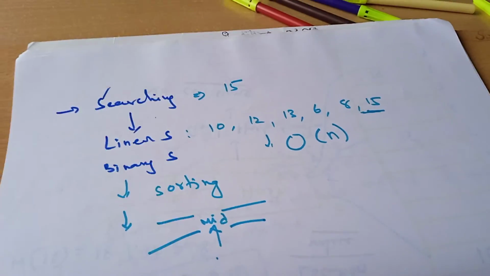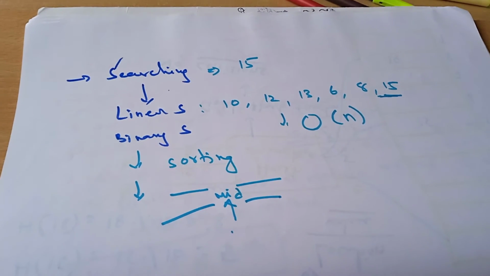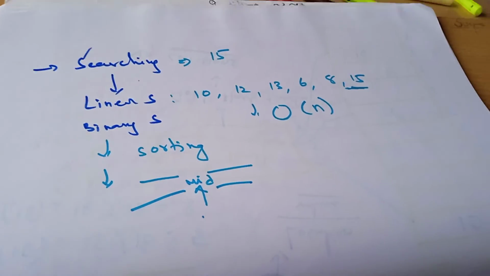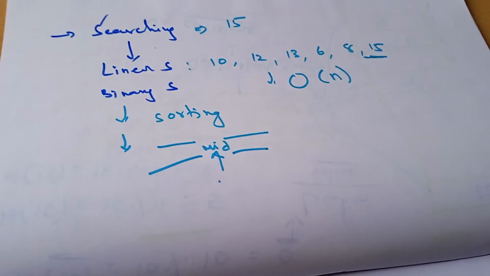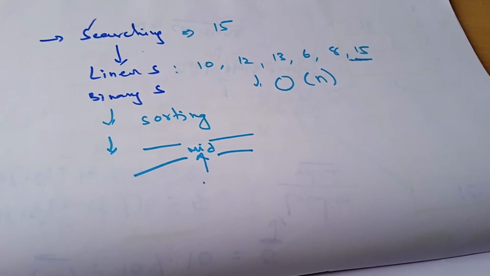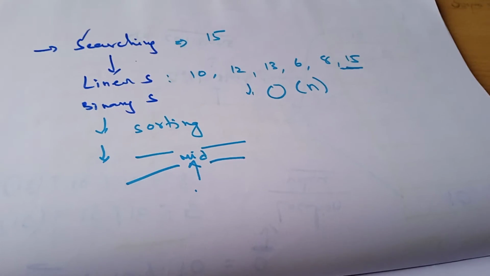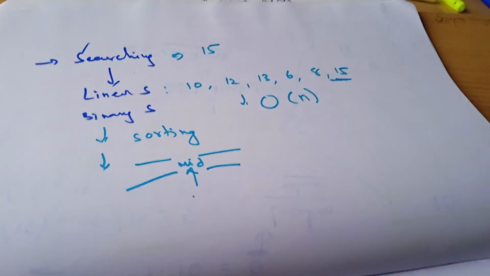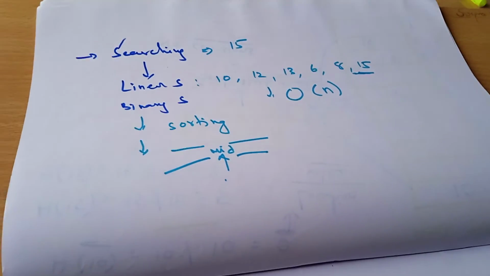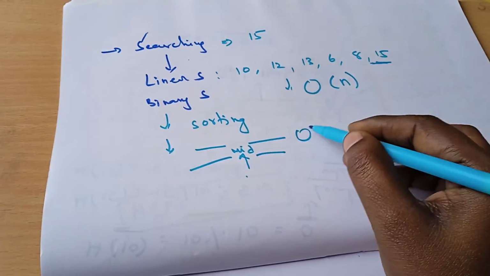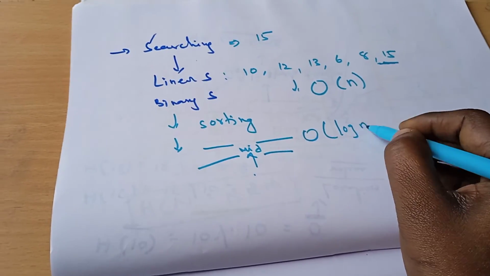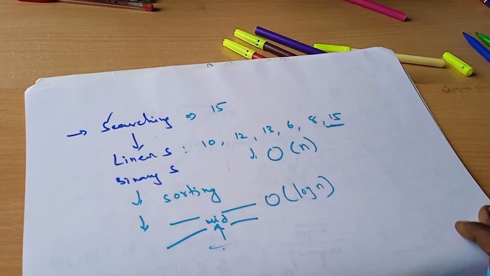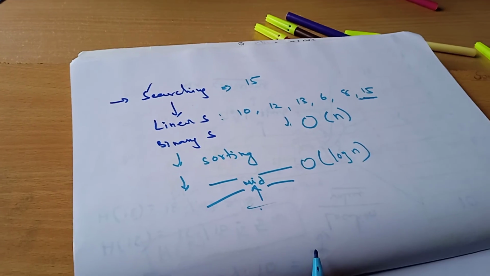In detail, the searching operations of linear and binary search, I'll make one more video. But my point is calculating the complexity: linear search takes big O of n. Binary search takes big O of log n, because we halve the list.